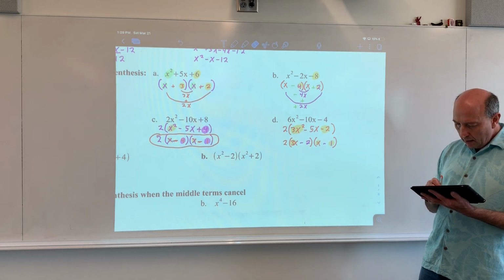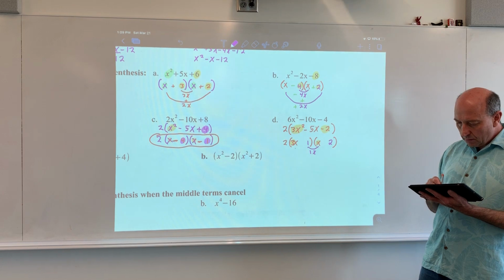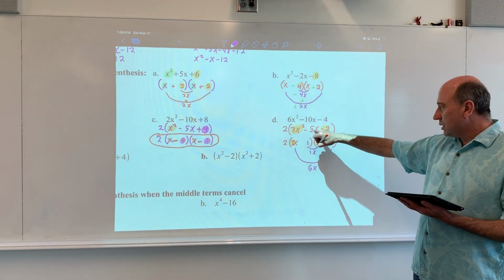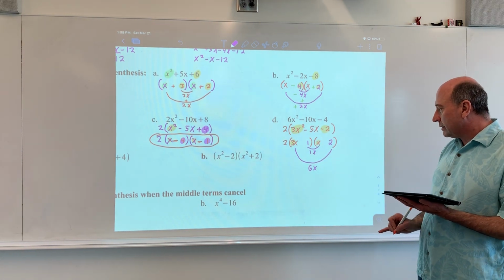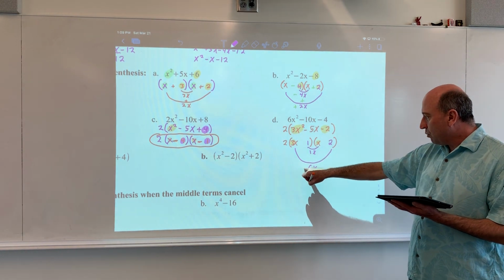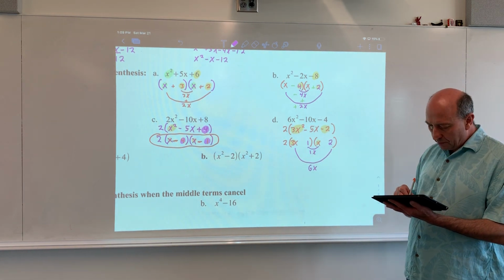Let me try the 2 and the 1 in reversed spots. So let me try the 2 here and the 1 here. Now I've got a 1x and a 6x to work with. Now 1 and 6 is also 5 if you subtract it. So to get a negative 5, I'd want a negative 6 plus 1.